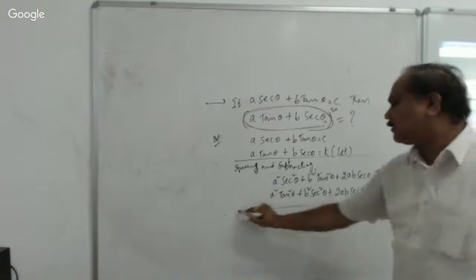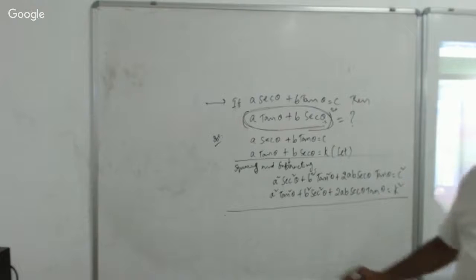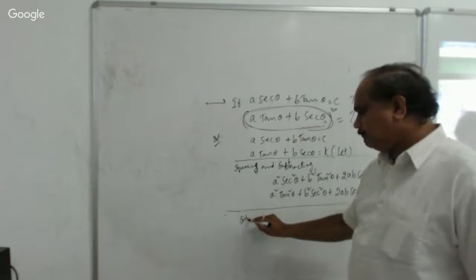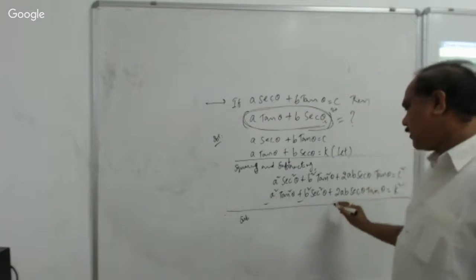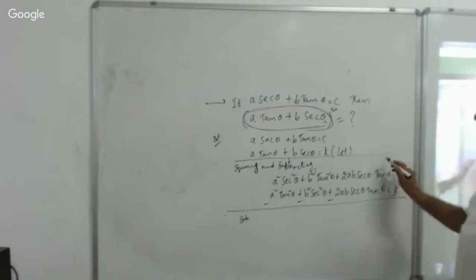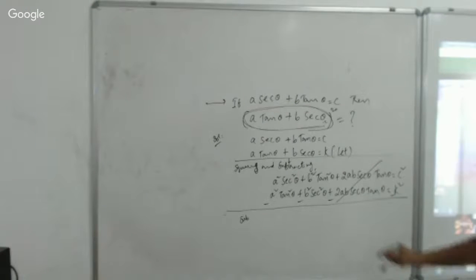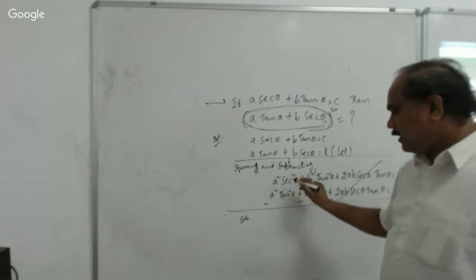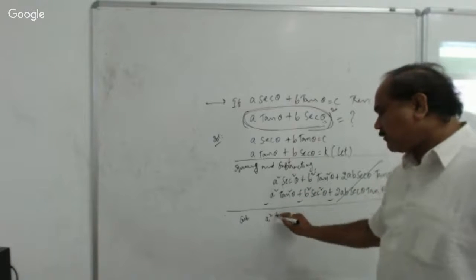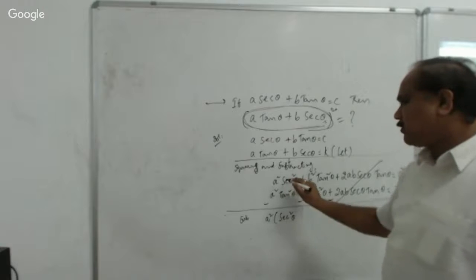Okay. Now subtraction. Subtraction means signs also change. This 2ab term gets cancelled. This minus this. Here a square is common, therefore secant square theta minus tan square theta by taking a square common.